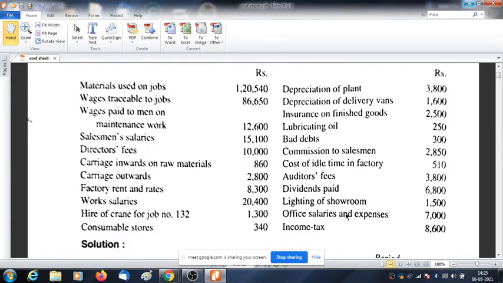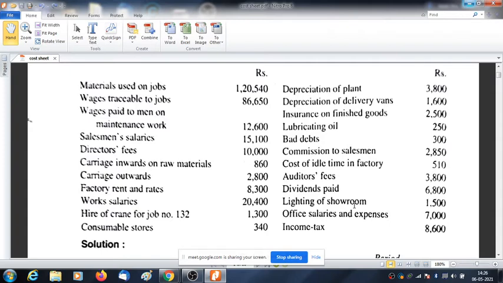Next, lighting of showroom. Under which head would it come? Sir, this does not come in cost sheet. It will come.